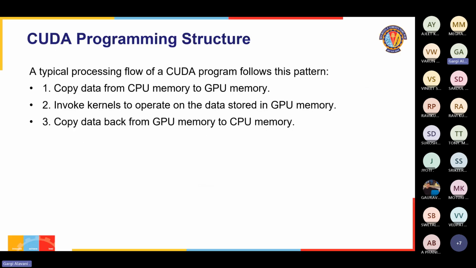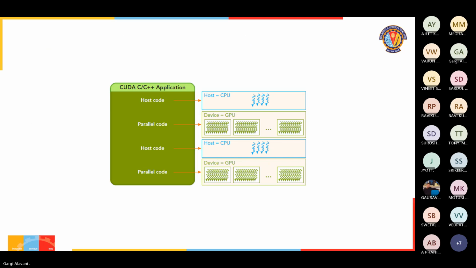This is the programming structure that we learned in the last class, and even discussed in the earlier session, with respect to vector addition as well as matrix multiplication. We can have a CUDA application with multiple such kernels.